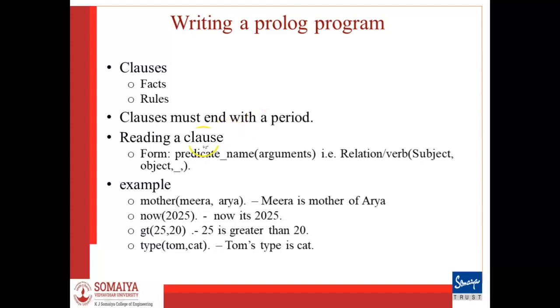The clause would be a predicate with the predicate name and it would contain some arguments. Typically these predicate names are relationships or verbs which are expressed in the statement, and the arguments take the form of the main subject and then one or more objects, etc.